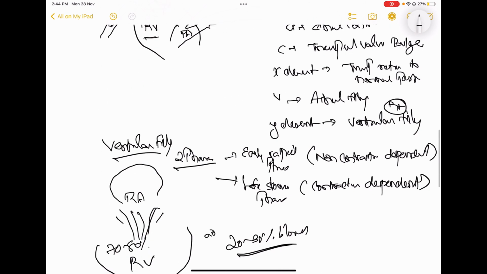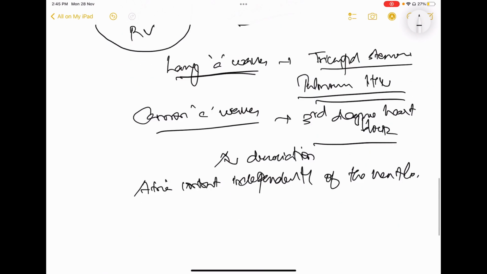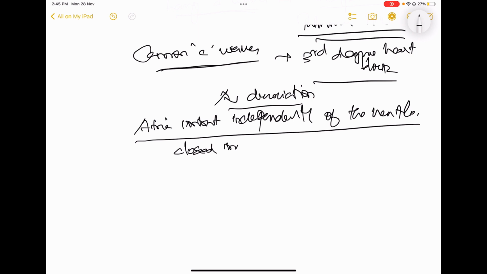So when the tricuspid valve is closed and if the right atrium is contracting, obviously there will be a lot of pressure that is generated here, which gets transmitted all the way back to the IJV, and that can lead to Canon A waves, specifically when the atria are contracting against a closed tricuspid valve.